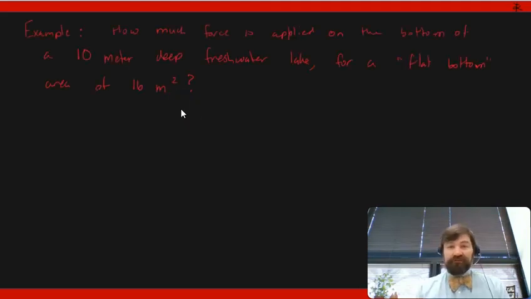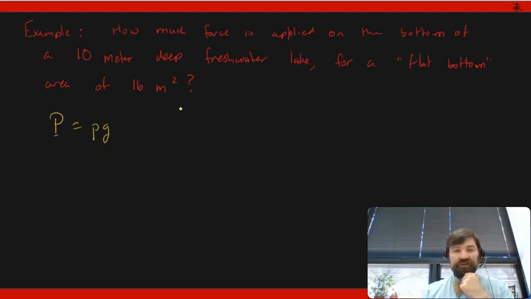So how much force is being applied to the ground at the bottom of a lake of depth 10 meters, if we have an area at that depth of 16 square meters and that it's flat? Well, our pressure should look like the density times G times H plus our atmospheric pressure. So we could call this the gauge pressure again.